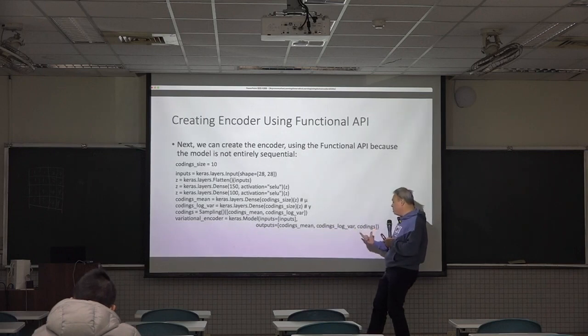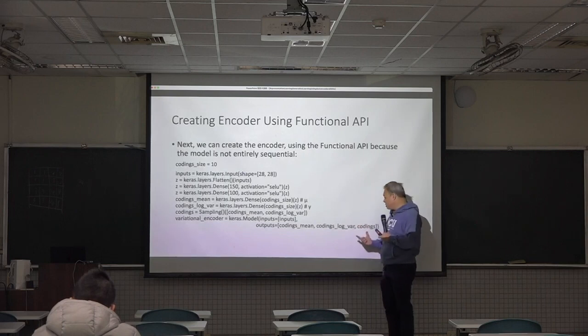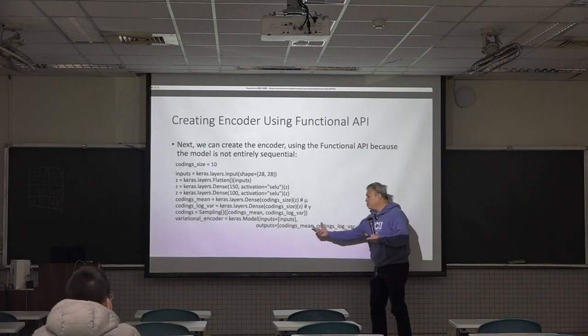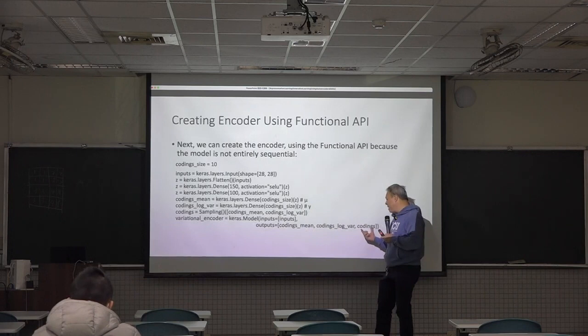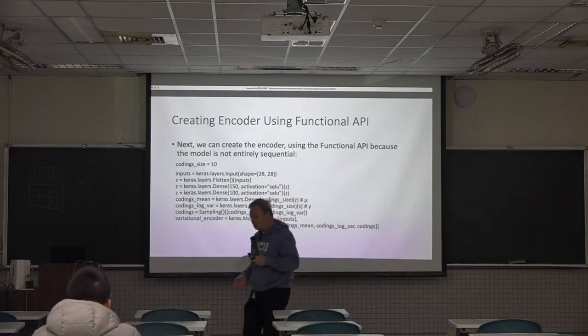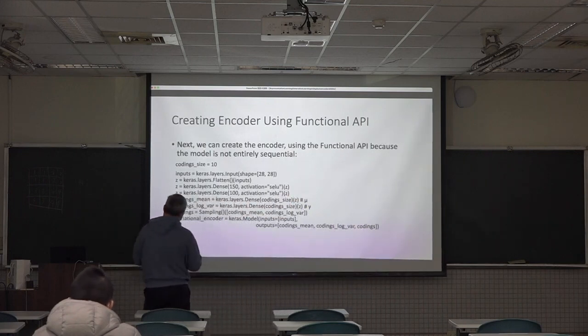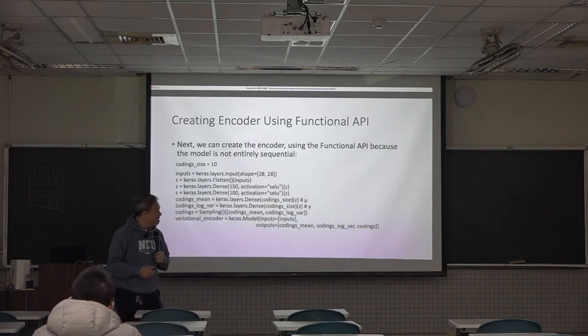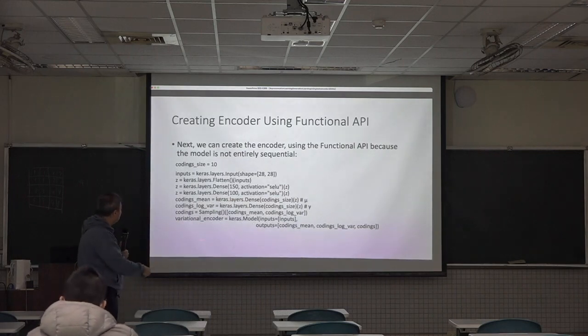Actually, the only one that is useful for the decoder is this codings. These two are byproducts, necessary to create the codings. But after we create the codings, the previous two items are no longer useful. So this whole thing is the encoder.